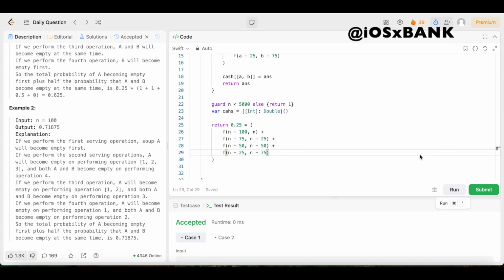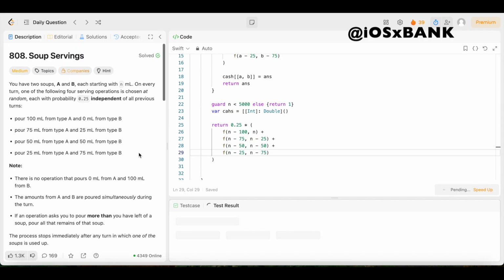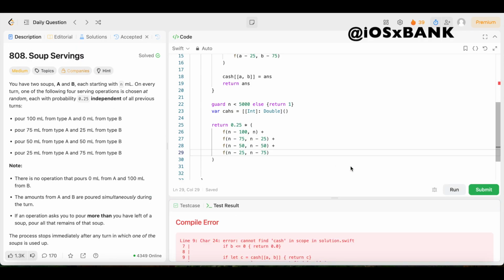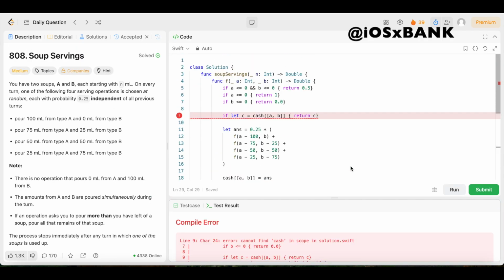Wasn't that much code, y'all. So let's go ahead and run it. Make sure it runs properly before we submit it. Okay, let's see where that error is. Okay, so cannot find cache in scope.